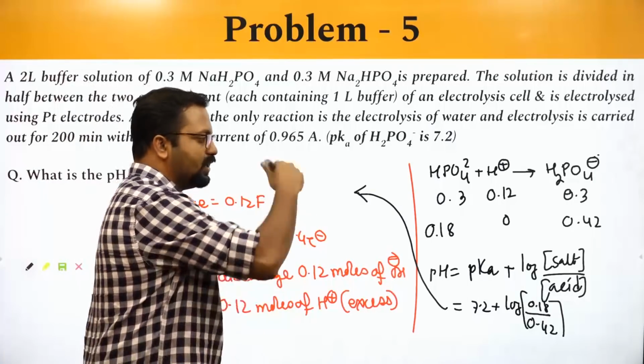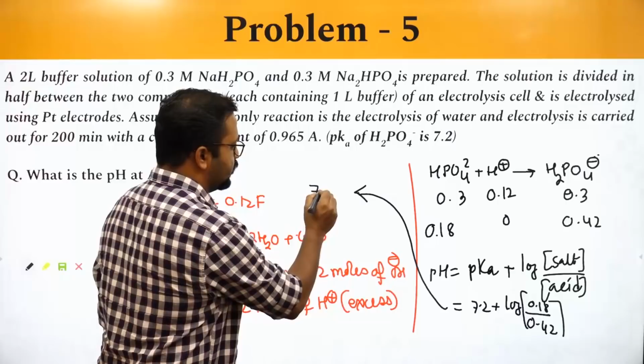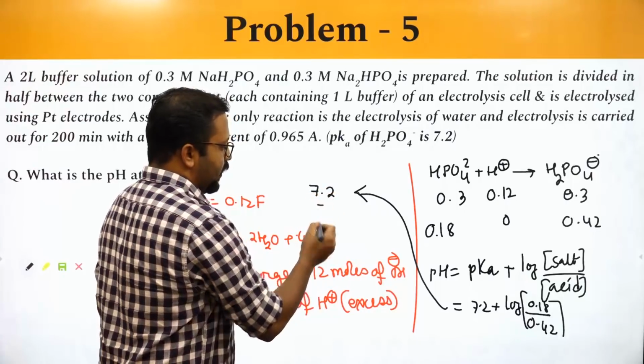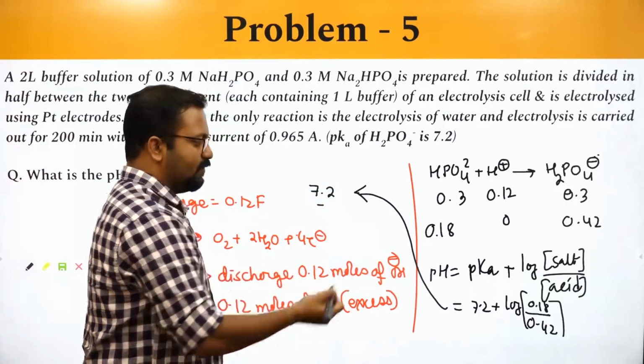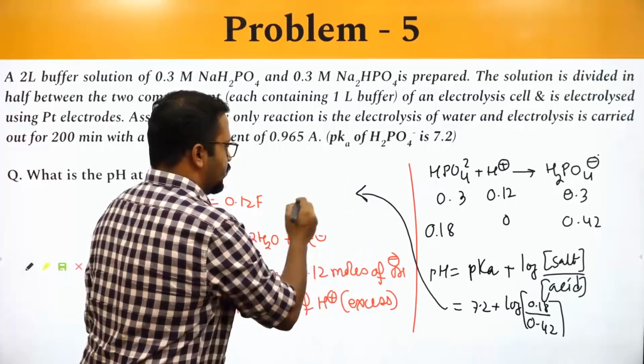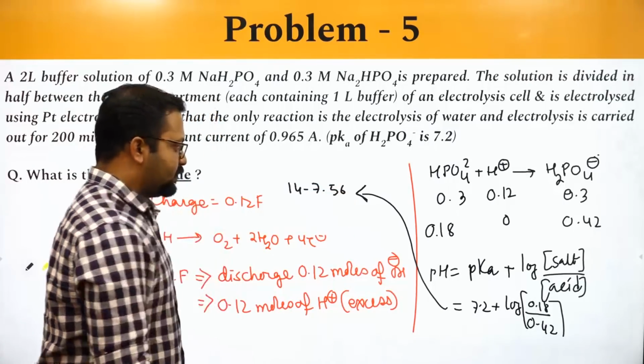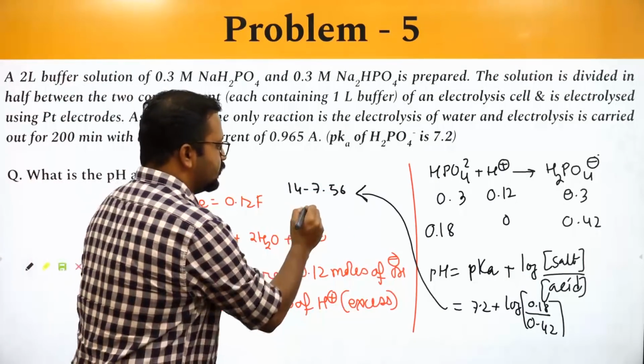Now the answer would be 14 minus 7.56. So this will be some 7.2 से कम रहेगा. 7.2 minus whatever was taken over there. So 14 minus 7.56 will be our answer.